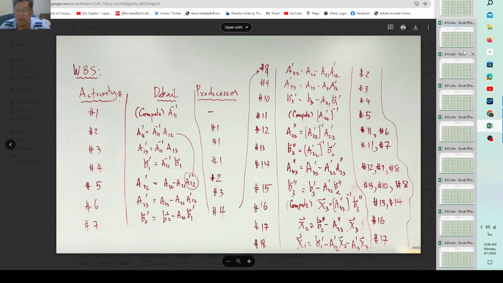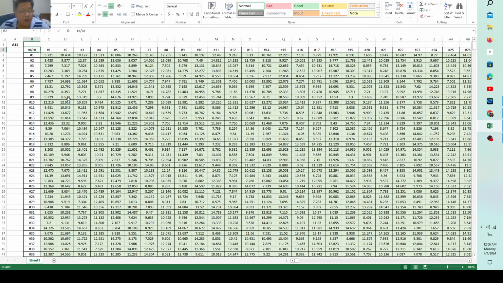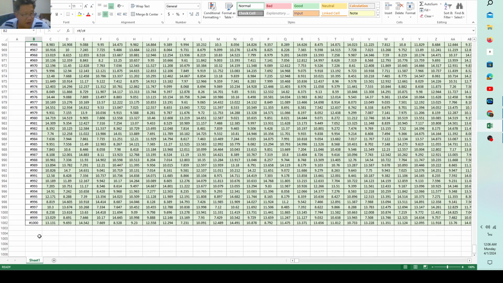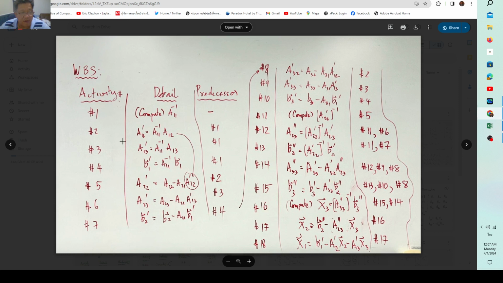You can go back to here, this A11. So with the given A11 in this file, you can find the A11 inverse, maybe down here, using the concept that we taught you earlier in the previous clip. And we can go back to step 2.